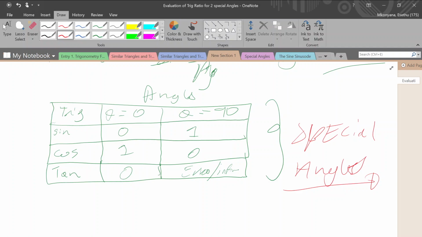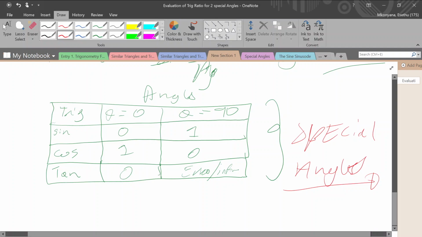They could be 70 by 20 then 90. There could be infinitely many. There could be 50 by 40 and then 90, as long as they sum up to 180 and one angle on that triangle is 90, because that's what we're dealing with. Then these are special cases, and we have these special angles here.